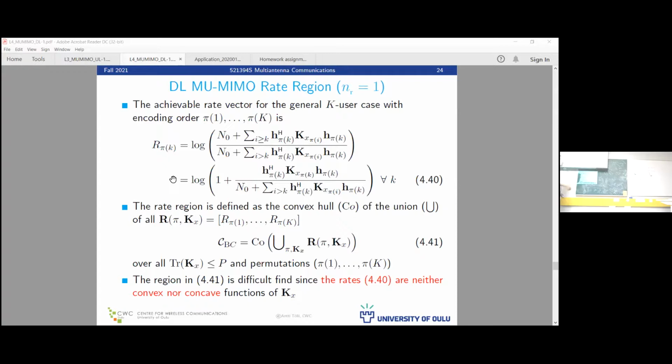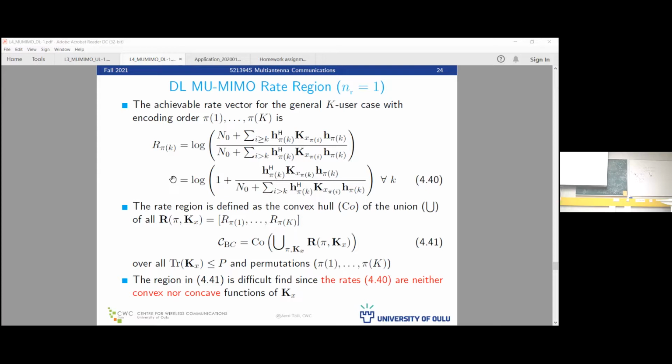All right, so now we have these rate expressions. So the rate region is defined as the convex hull of the union of all feasible rate allocations for all possible orderings.